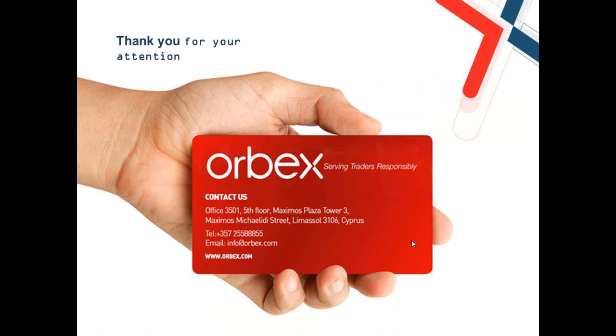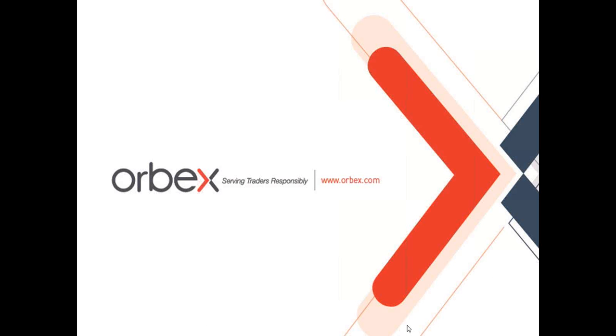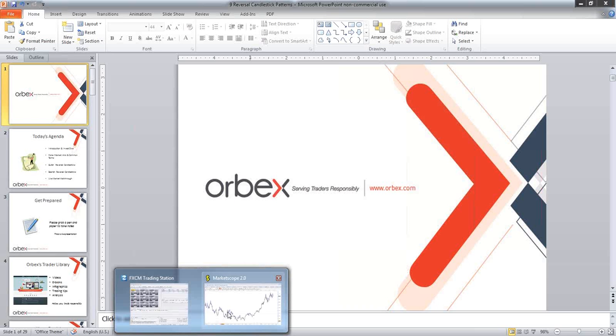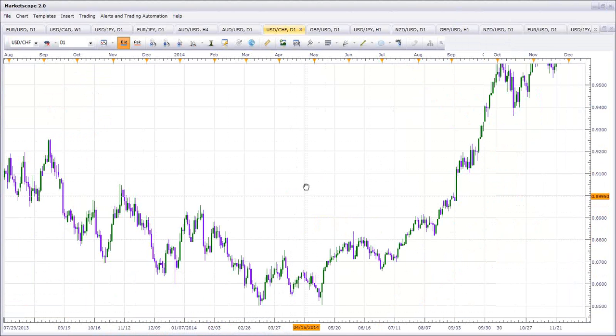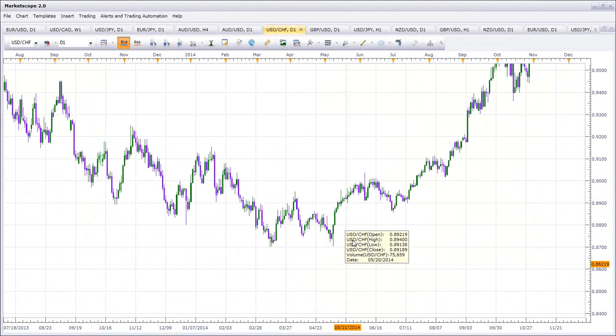We do have a couple of minutes, so let's take a look at the charts today and see if we can identify any patterns. Oh, look at this.